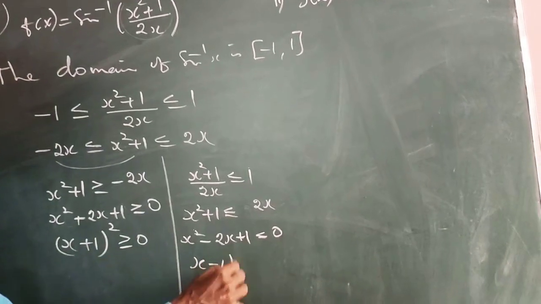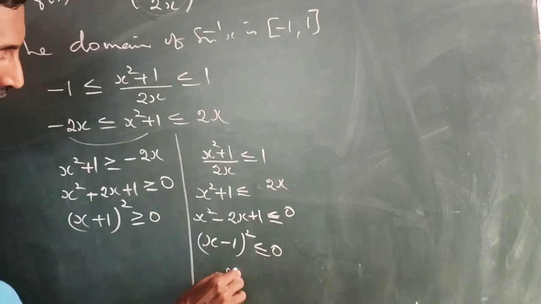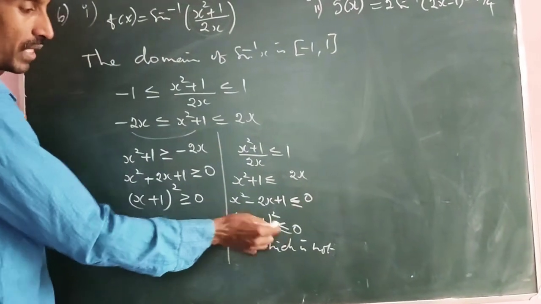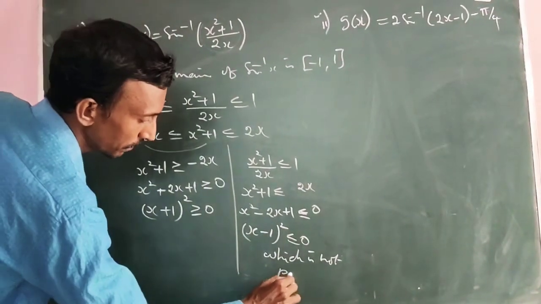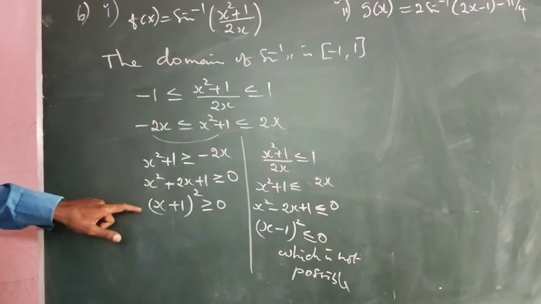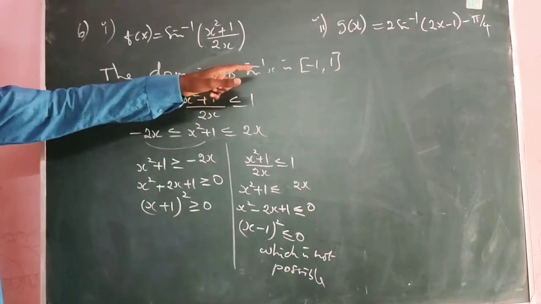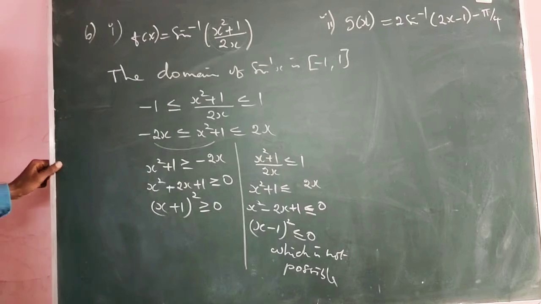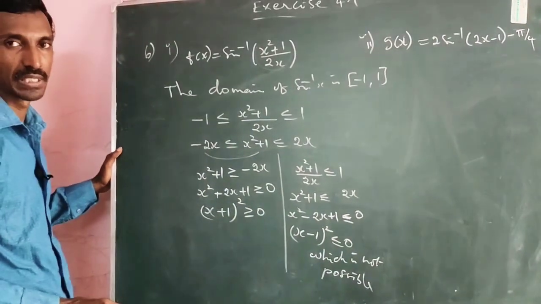So (x minus 1) the whole square less than or equal to 0, which is not possible because the square of any number cannot be less than a negative value. So only this is possible. So (x plus 1) the whole square greater than or equal to 0 means all the values between minus 1 and 1 satisfy that. So minus 1 less than or equal to x less than or equal to 1, that is the answer for the first subdivision.